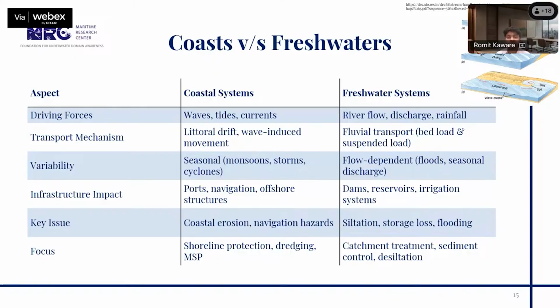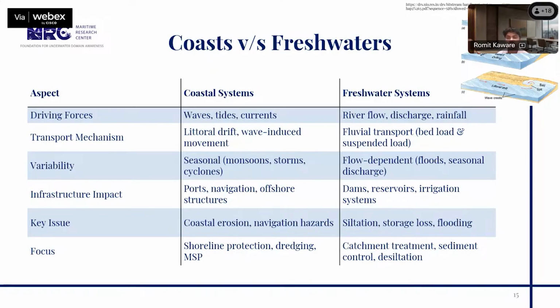In case of freshwaters, we are mostly talking about how the river flow or river discharge, or the rainfall, affects the transport of the sediment. So we are mostly concerned with the bed load concentration or the suspended load concentration. We look into how the riverbed morphology, the discharge, the flow velocity or the turbulence affects the sediment transport.